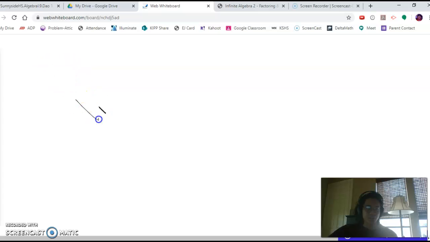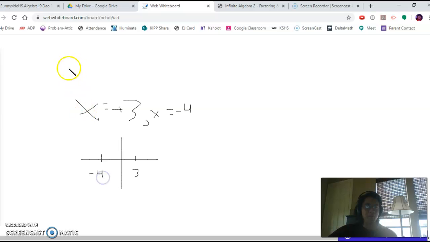Well, y'all have it still. I believe my x's were positive 3 and negative 4. So we're going to have positive 3 here and negative 4 here. I believe my original equation was y equals 2 times x minus 3 times x plus 4.